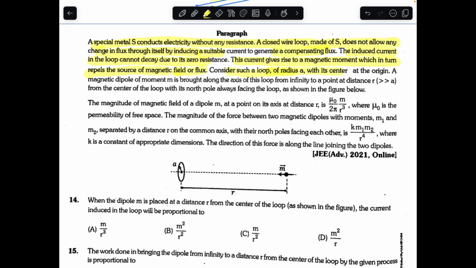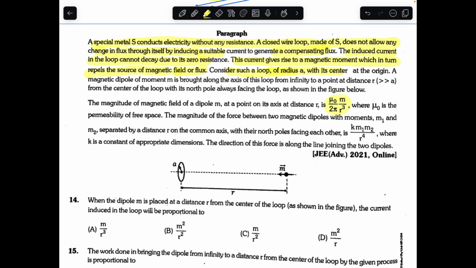Consider such a loop of radius A with its center at origin. A magnetic dipole moment M is brought along the axis of the loop from infinity to a point R from the center of the loop with its north pole always facing the loop as shown. The magnitude of magnetic field of a dipole M at a point on its axis at a distance R is this. So this is given.